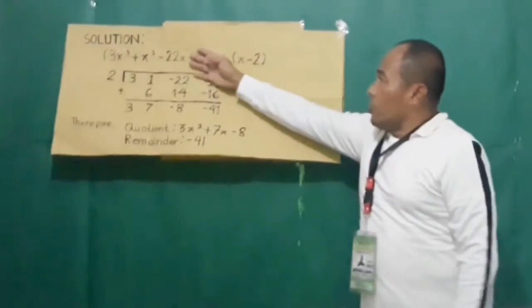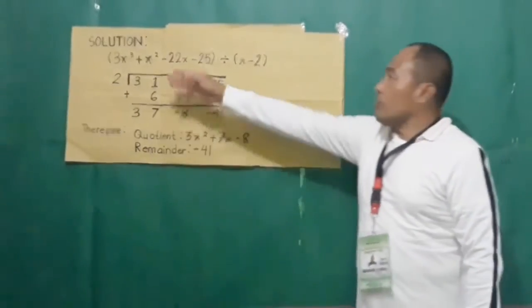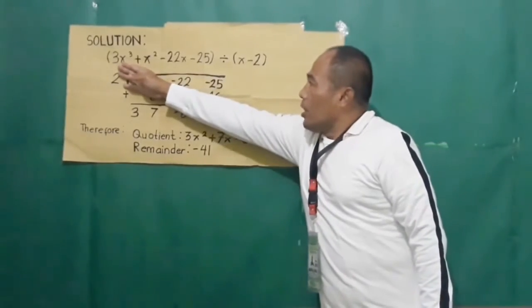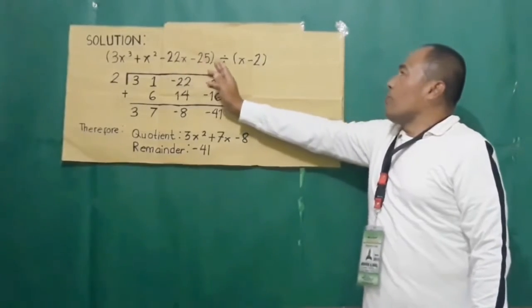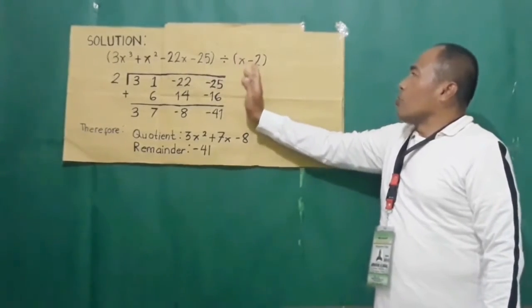Okay, let us show the solution. Write first the 3x cubed plus x squared minus 22x minus 25 divided by x minus 2.